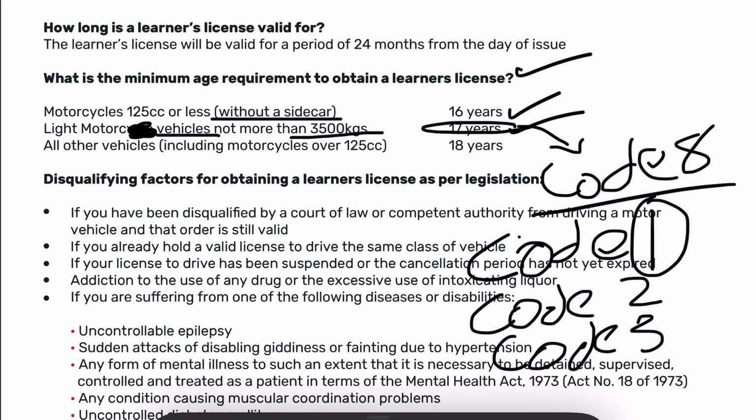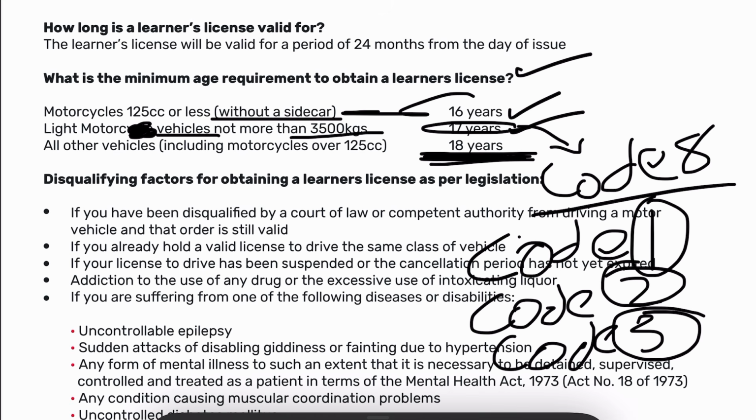So code 1 is this one for the motorcycles. Code 2 is your code 8. Code 3 is this one, code 14. Alright, for code 10 and code 14, you need to be 18 years and above to get the code 10, code 14 learner's.